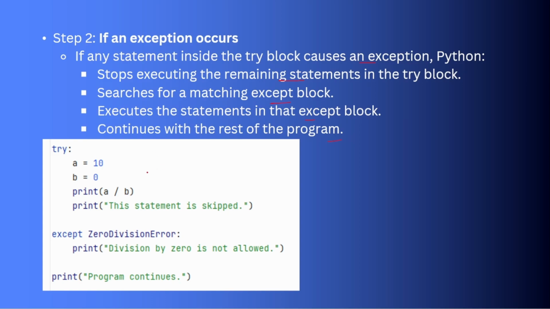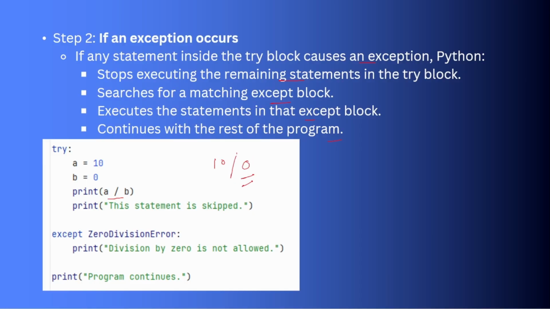In this example, we are saying a equals 10, b equals 0, and we're printing a by b, and then we are printing "this statement is skipped". This is the code inside the try block, and we will try to execute all these commands inside the try block. If everything goes right, we do not have to execute the except block. But here, when we try to perform this division a by b, we are dividing 10 by 0.